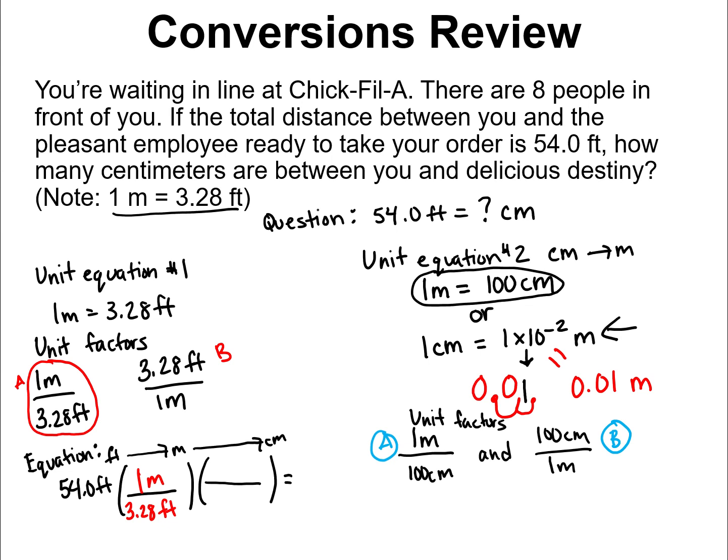Remember, we have to cancel out meters, which is already in the numerator. We're going to use B. And then, as usual, we need to double check and make sure that our units cancel. So the first part of this, we're supposed to end up with meters, and we do. Then, we're supposed to cancel out meters and end up with centimeters, and we do.